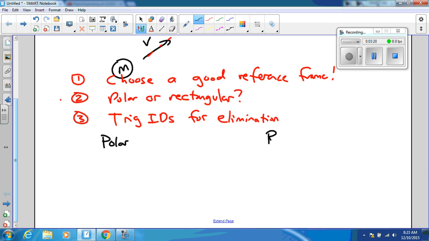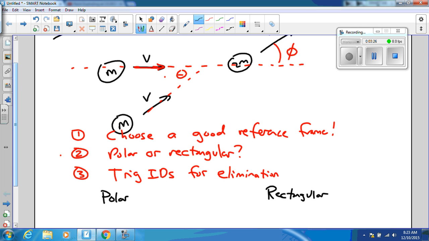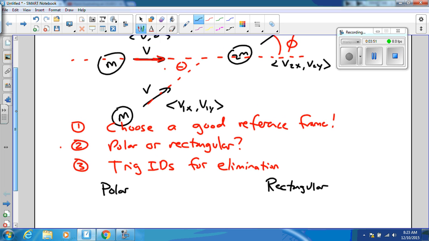Well, let's try it in rectangular form first. If I try it in rectangular form, then what I've got is v comma 0 for my first vector, and then I have, let's call this v1x and v1y for my other vector, and then the final one would be v2x and v2y, something like that.